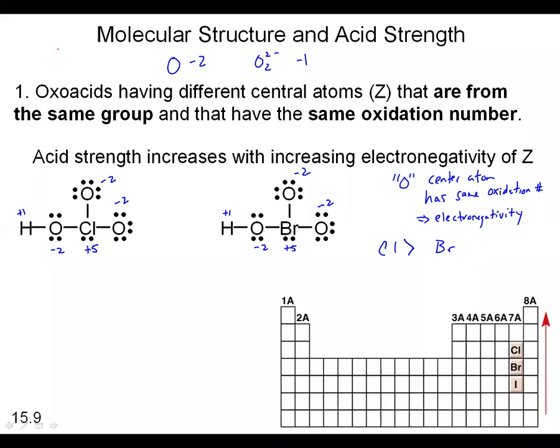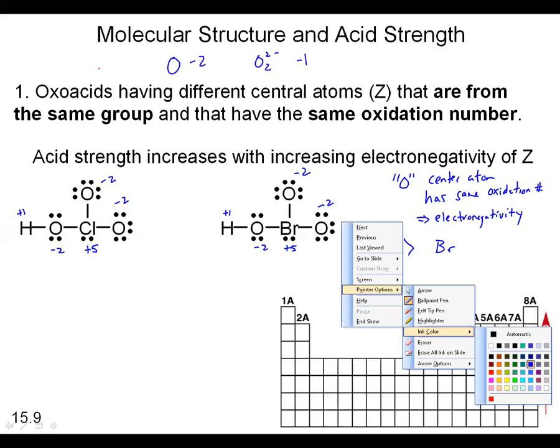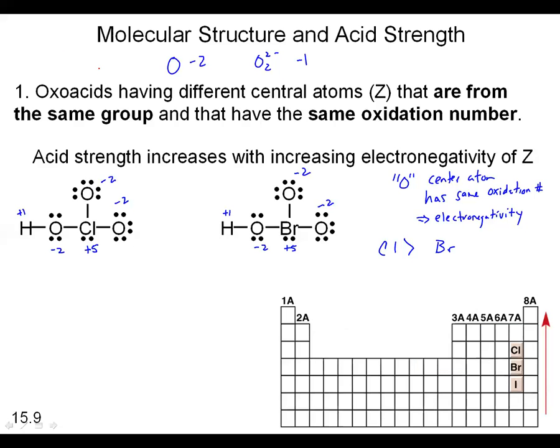And what that essentially means is, let me swap colors real quick. We already have over here a partially positive charge on the hydrogen and a partially negative charge on the oxygen.